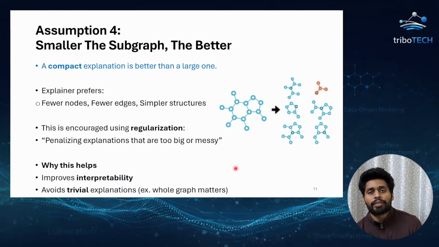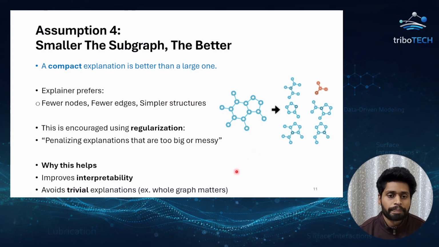This is the benefit of this assumption. Also, this assumption avoids trivial explanations like saying the whole graph is important, because the whole graph always gives the same prediction that the whole graph gives itself. So these trivial explanations are avoided by using this assumption.